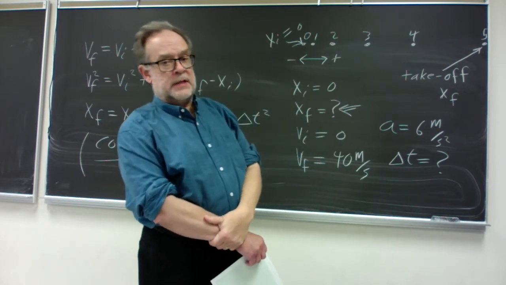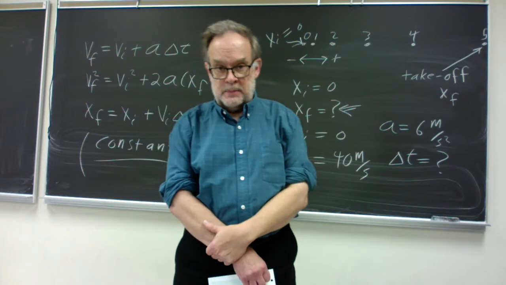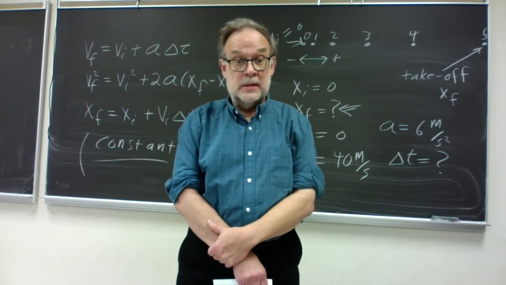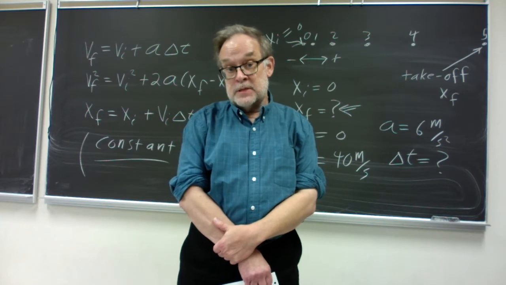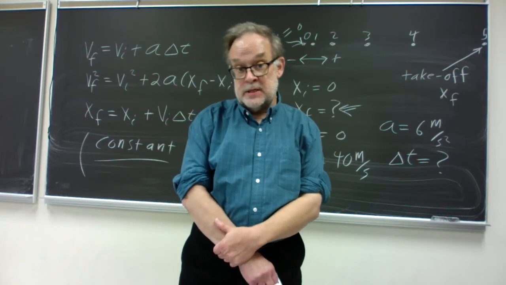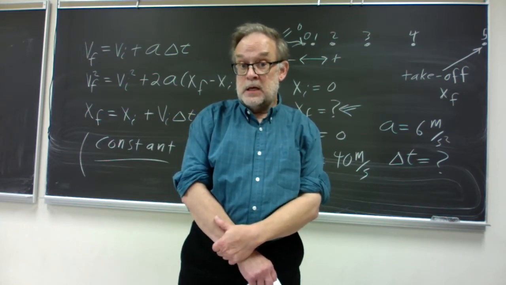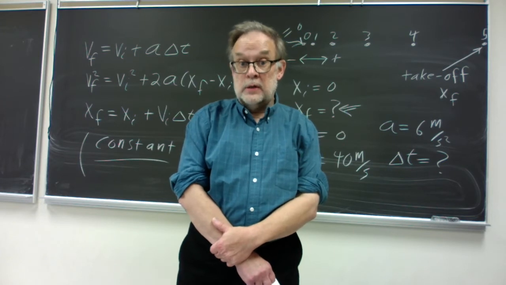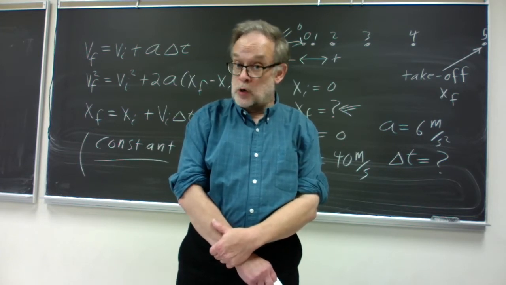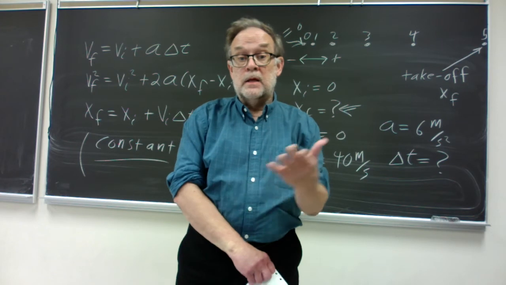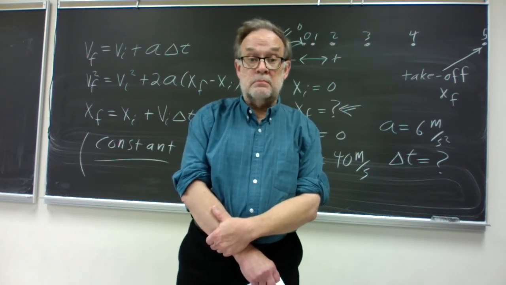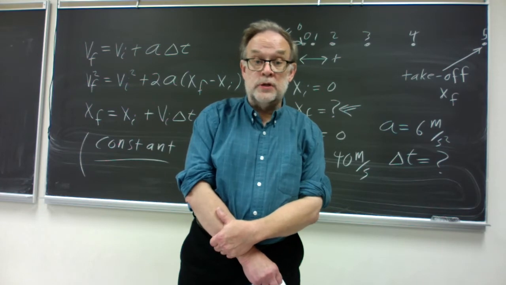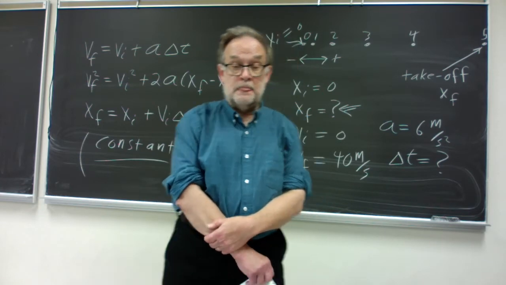All right, that's an important part of understanding what's happening in the problem. Another part is just listing everything you know and everything you don't know. It might seem kind of simplistic in some of these examples, but it becomes very useful later on when you have more complicated problems. In kinematic calculations, there are only 6 variables you ever have to worry about.